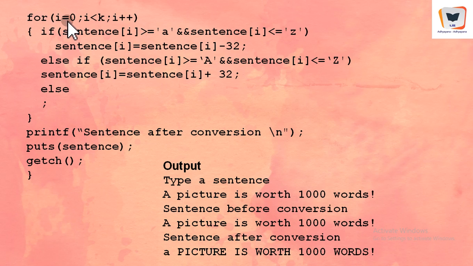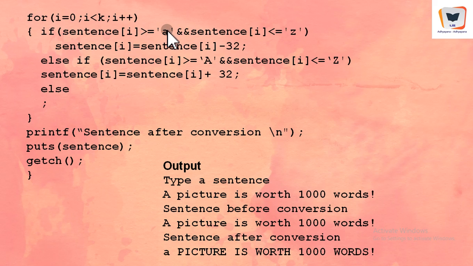It should go starting from the 0th character to the character one less than the last character, that is the null character, i++. Now if sentence[i], that is the 0th character, first character and second character, and whatever characters appear, is greater than or equal to small a, and sentence[i] is lesser than or equal to small z.